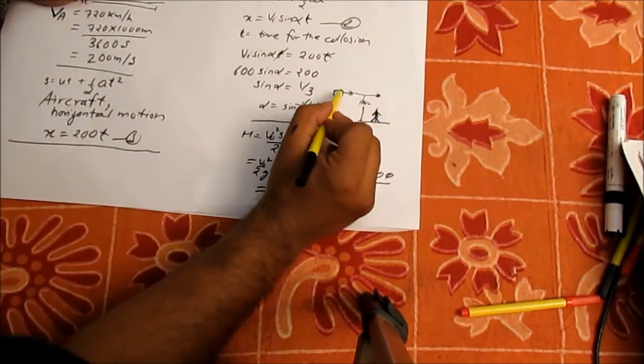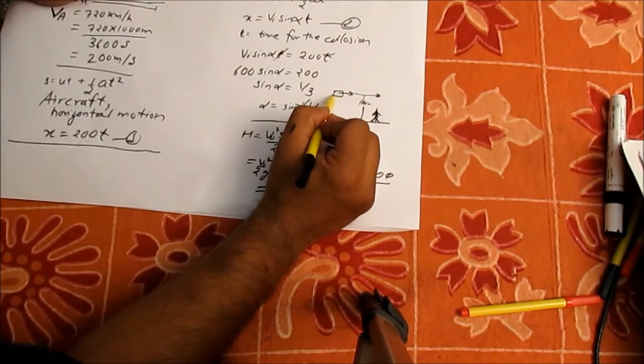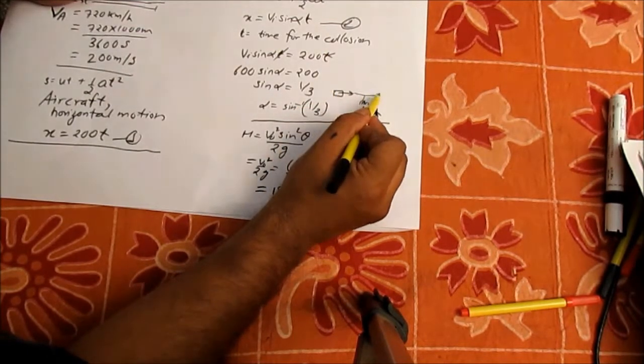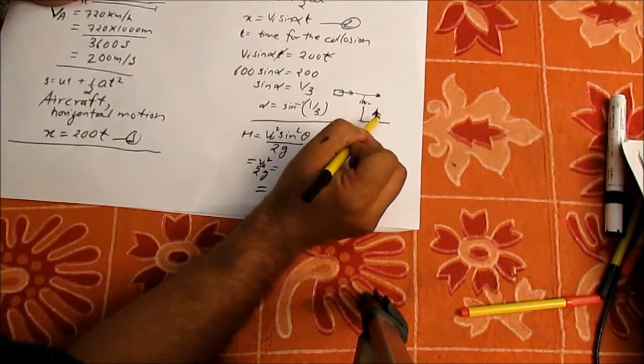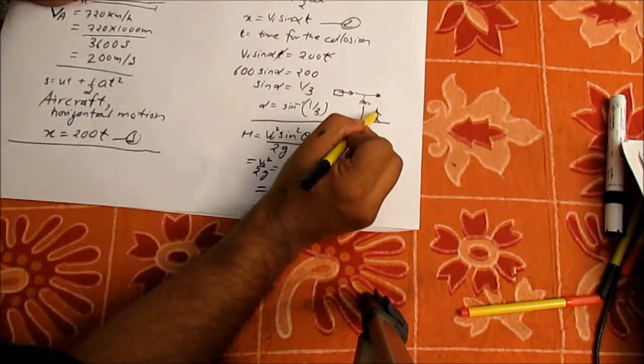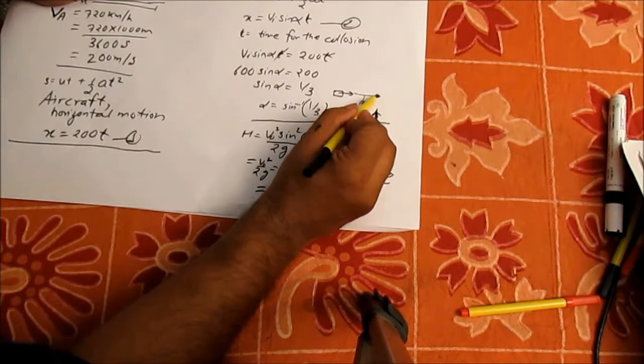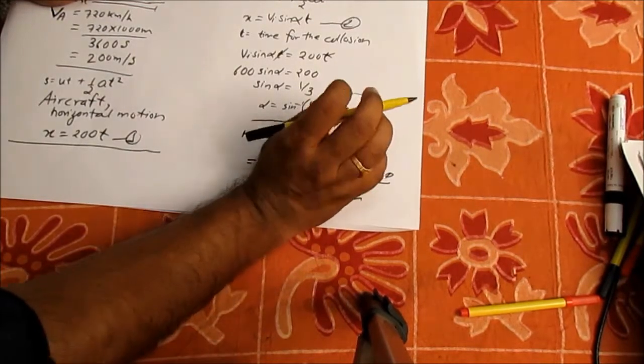So the time taken by the flight for coming from this position to this position should be equal to the time taken by this fireball to come from the ground to this position, and in this case they will collide.